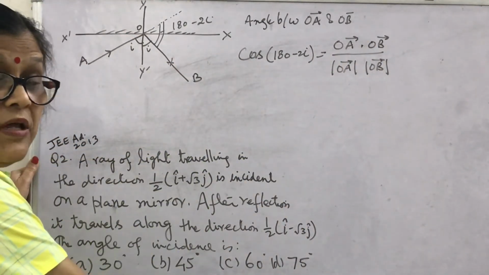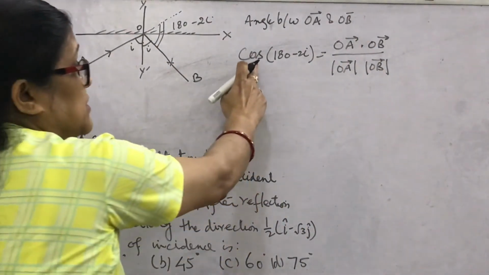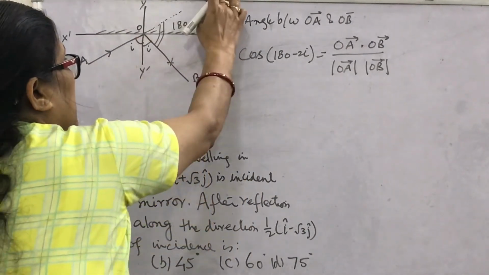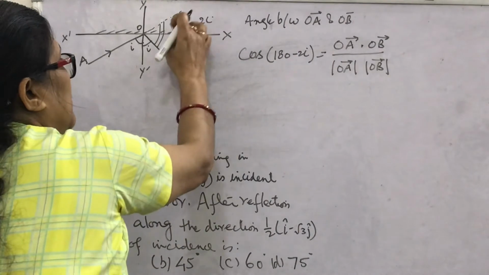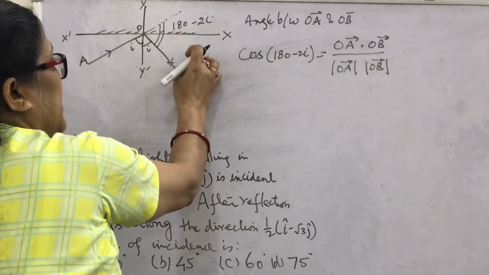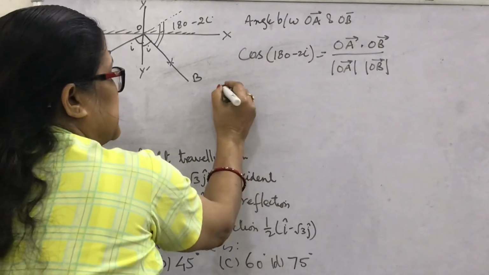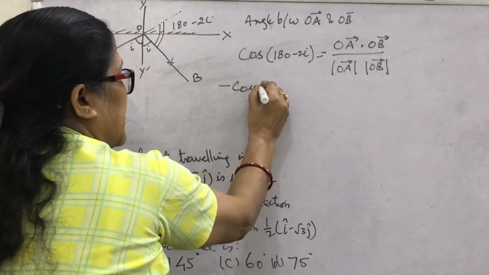You know A dot B equals AB cos theta. So this is the angle between the two vectors OA and OB, that is 180 minus 2i. What is cos of 180 minus 2i? That is minus cos 2i.